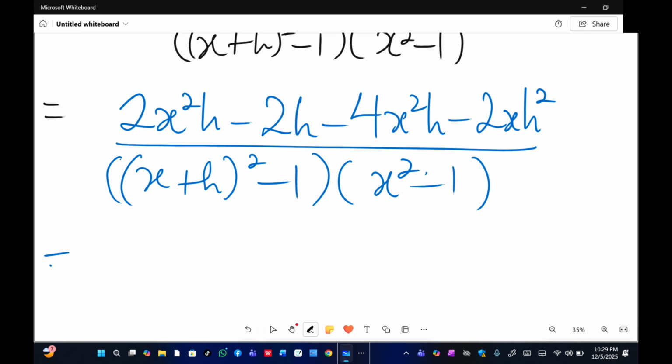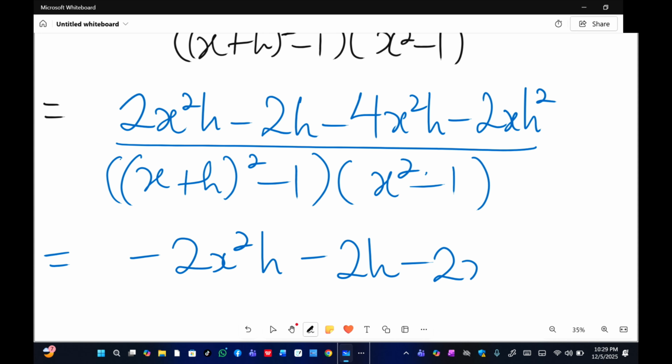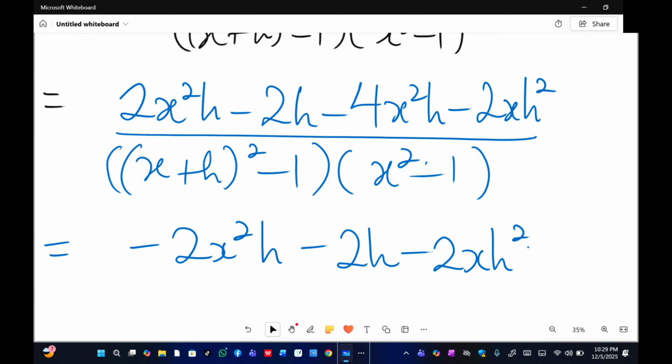You can see that we have 2x squared h, then we have 4x squared h. So they are like terms, we can subtract. So we are going to get negative 2x squared h, then minus 2h, then minus 2x h squared.